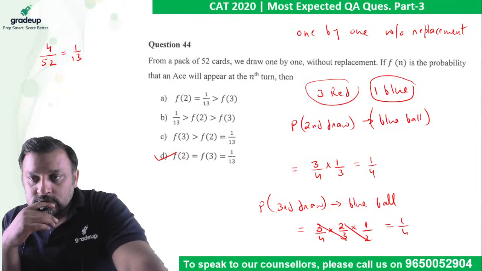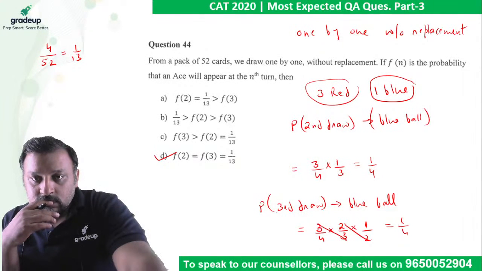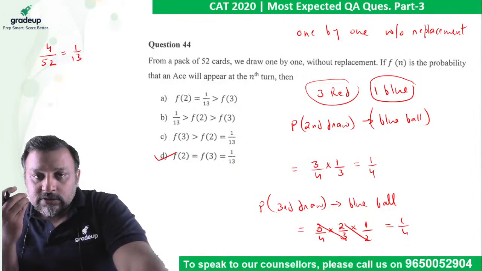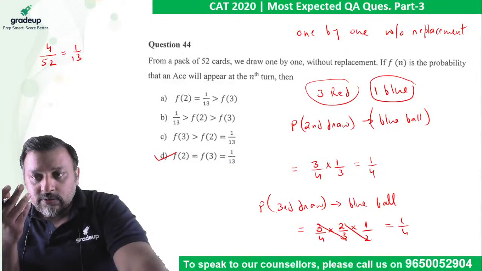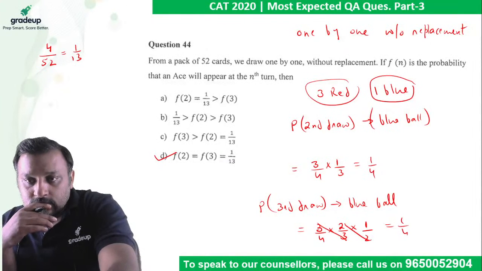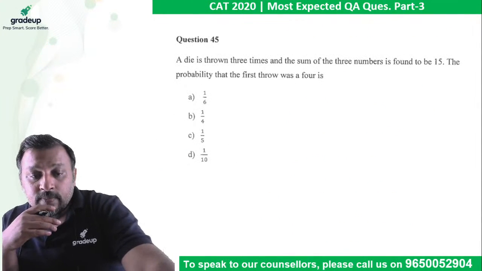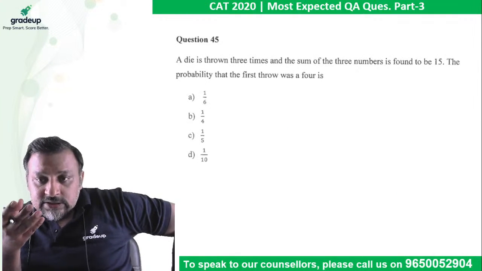Good. Yes, Ankit. I was just explaining the concept. Whatever turn you talk about, it is independent of that. Whether it is second turn, third turn, fourth turn, 100th turn, 20th turn, anything. Okay, now the last question for the day. Divya Jyoti, I just explained.